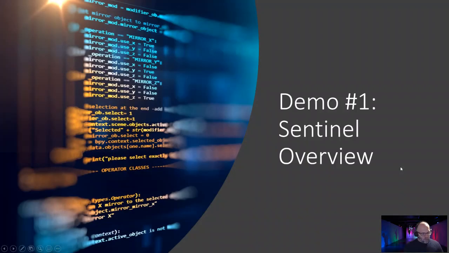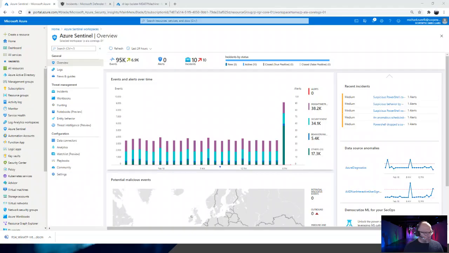So to give you a brief overview, I will jump right into Azure Sentinel right now. What you see here is the Azure Sentinel overview portal, or let's say the part of the Azure portal which is giving me the overview of the Azure Sentinel service.